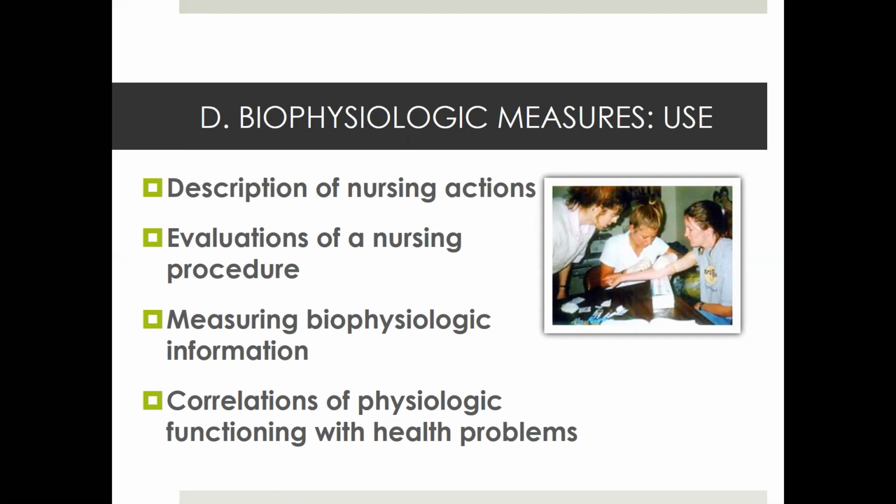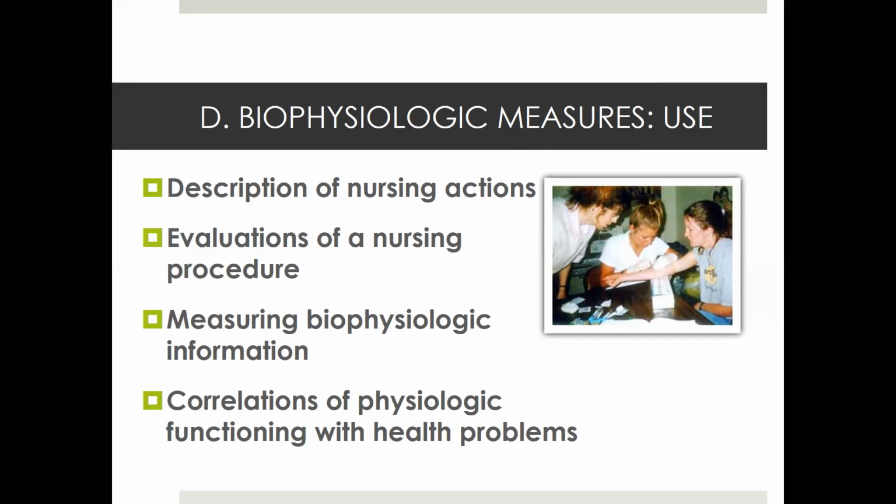Evaluation of a nursing procedure: if you lay someone on their side to change a dressing, is there less pain response than with the same dressing change done with the same person in a different position? So we commonly measure blood pressure in response to various activities, and temperature.